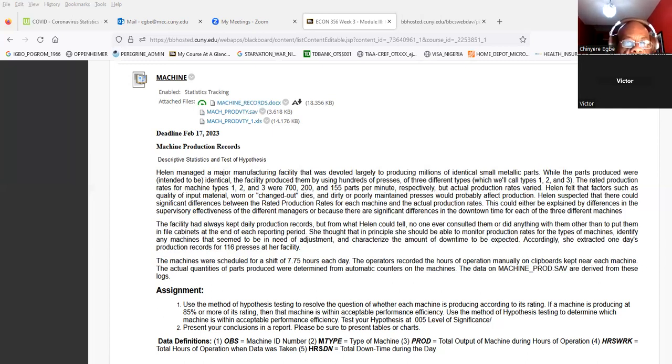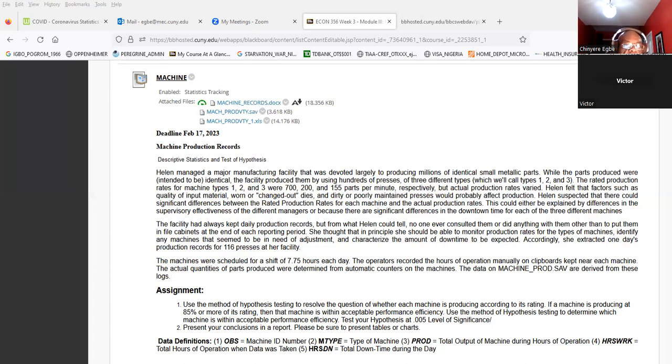So the per minute output will be equal to C2 divided by D2 times 60. Wait, you did what?